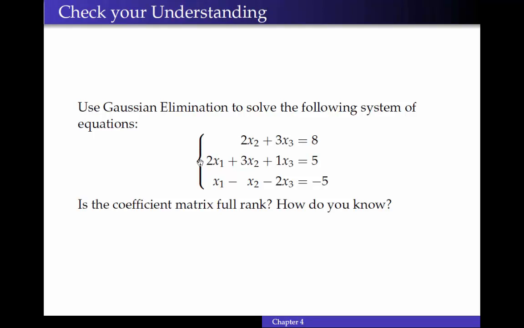I have to swap rows and make sure that there is a non-zero element to start with. So that should get you started. Try to go through the process of Gaussian elimination to solve this system, and then tell me if the coefficient matrix is full rank. So you'll have to pause the slides here.